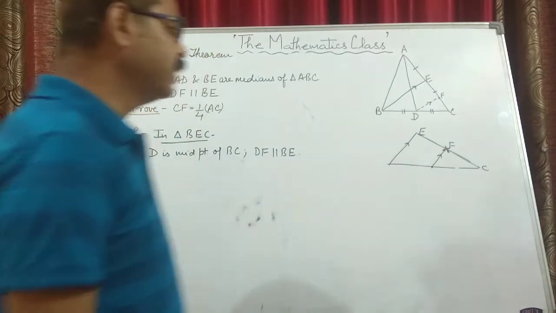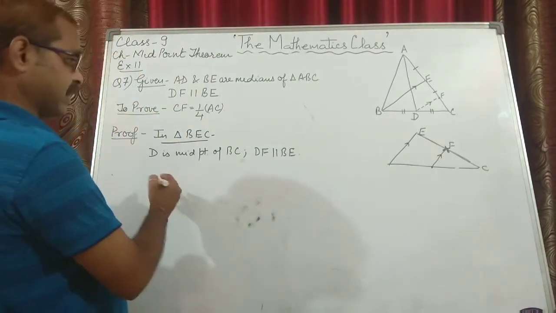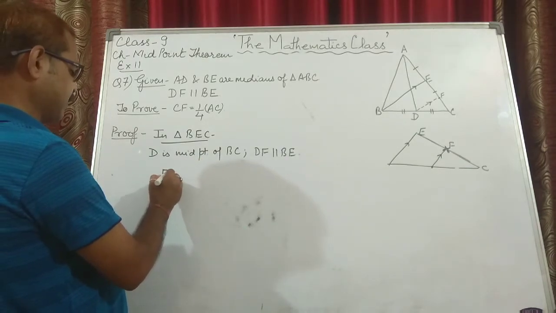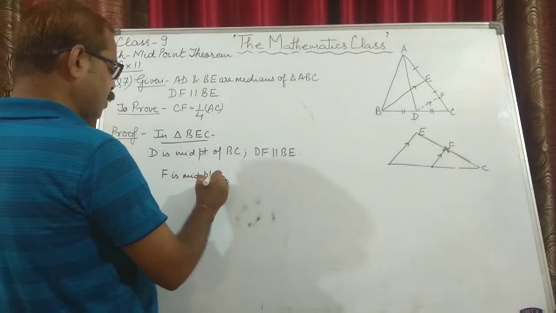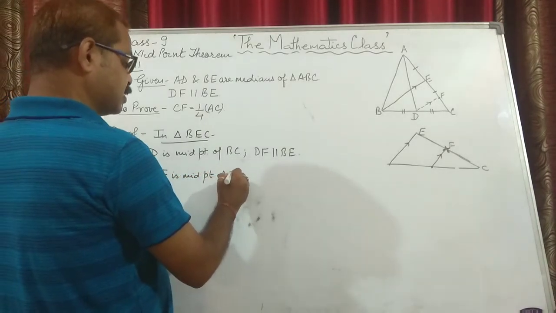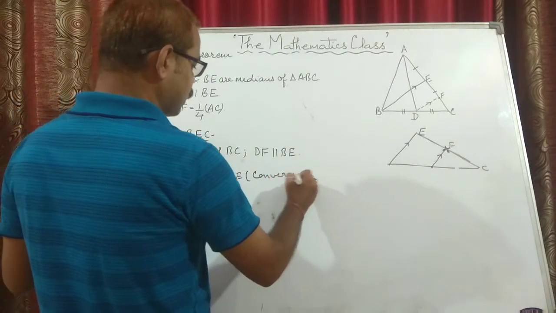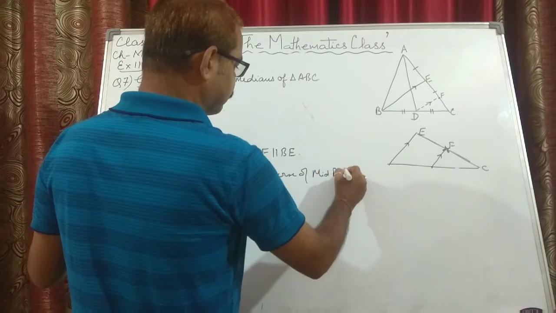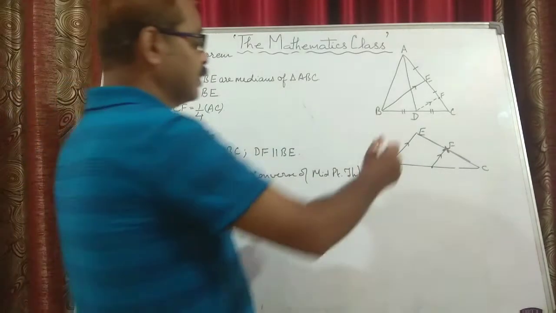So we can simply say that F is the midpoint of CE. Reason is converse of midpoint theorem.